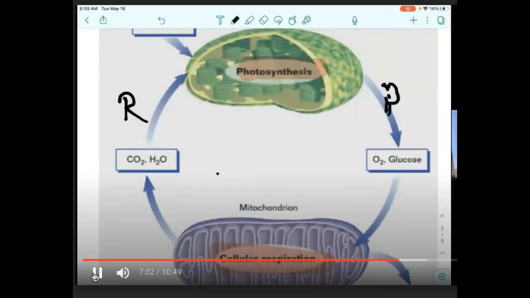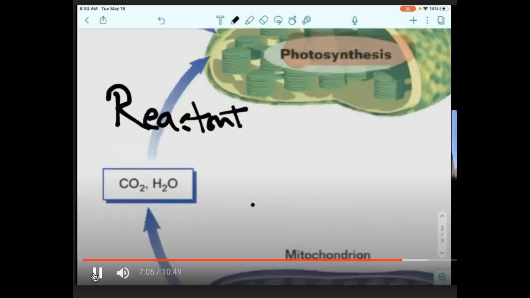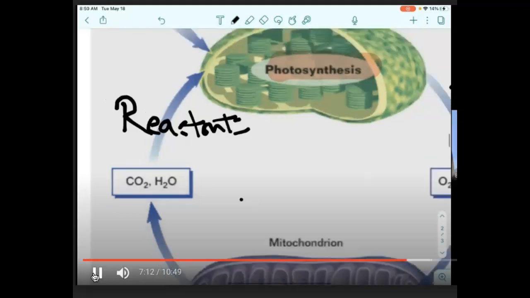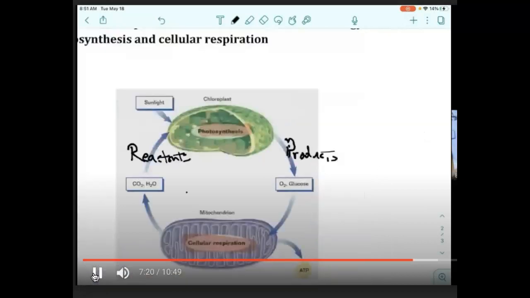Maybe we should write it out. I'm afraid I'm not going to be able. Oh, there it goes. I can do it when I'm zoomed in. So reactants and, oh, come on, products. Nope, can't get a T. Sorry, guys. Reactants and products. The reactants are carbon dioxide and water. The products are oxygen and glucose.